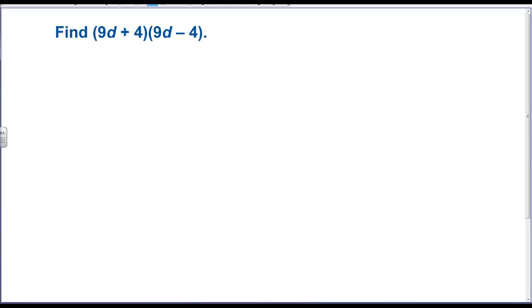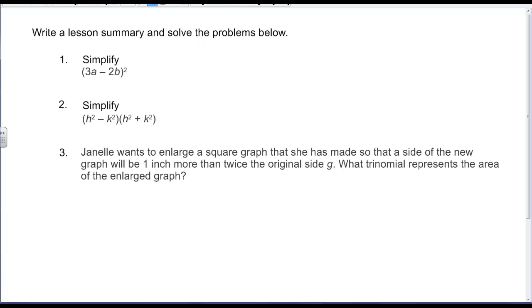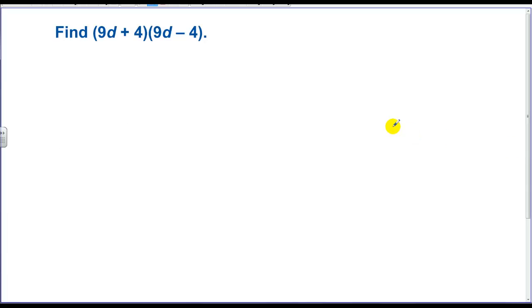So now in this case, this problem's a little bit different in that we don't have the same term squared. We have 1 plus, 1 minus.